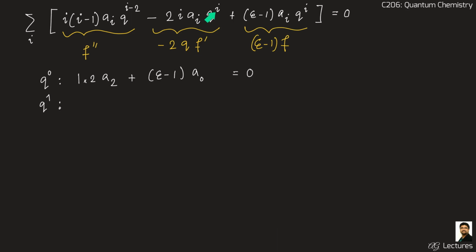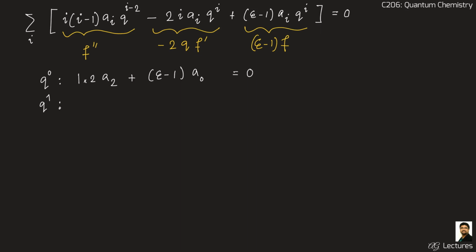When i equals 1, it's q to the power 1, and therefore this is a1. So 2 times a1 comes from here, and here also, when i equals 1, you get a q to the power 1 and therefore an a1, and it's epsilon minus 1. So these two terms are going to be combined into one, and this is going to be another one over here.